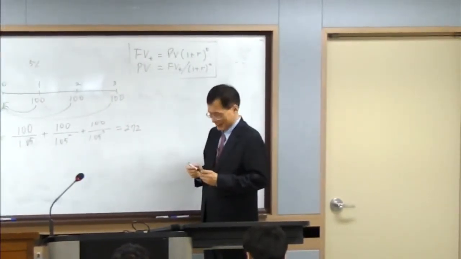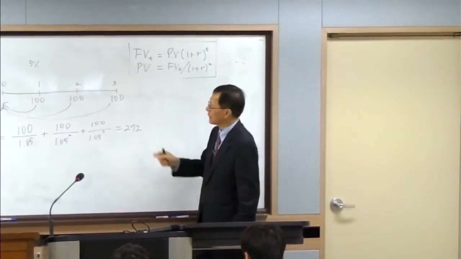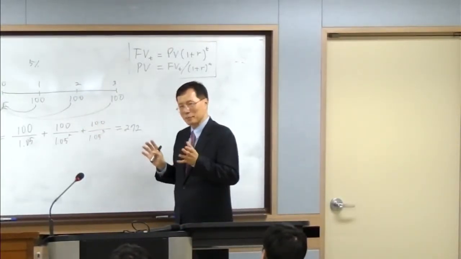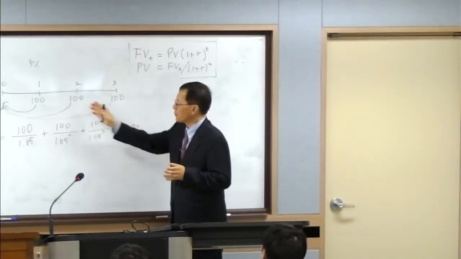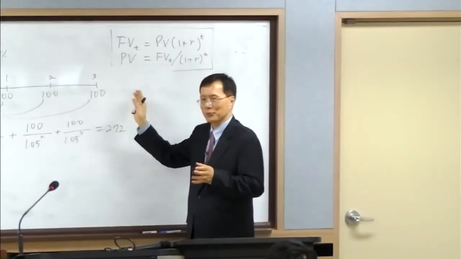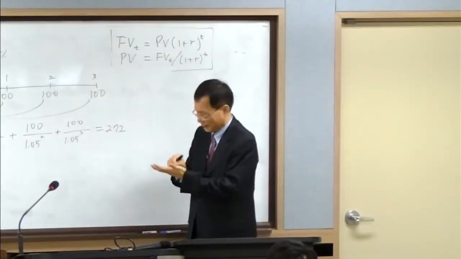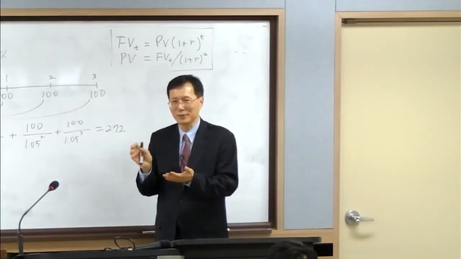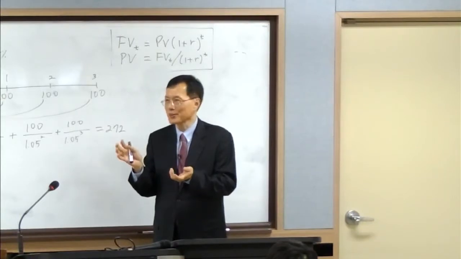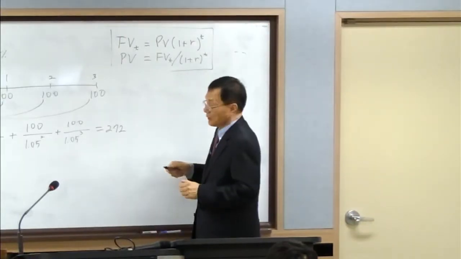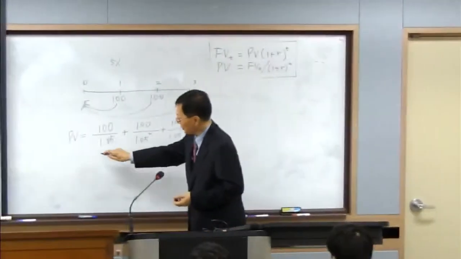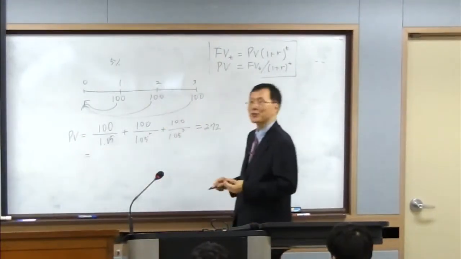It's kind of cumbersome. For 3 cash flows, it may not be too difficult, but suppose you have 15 of those 100s. Doing this calculation really makes your fingers very tired. So what you can do is simplify this mathematical arithmetic.